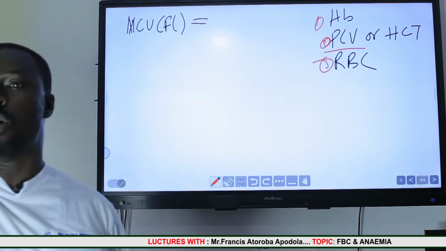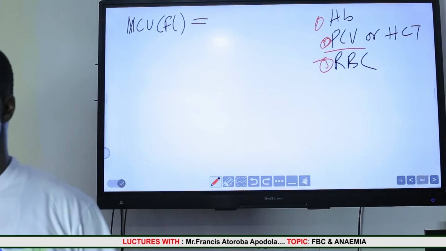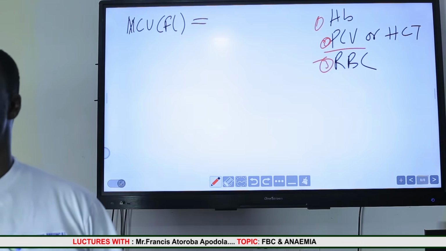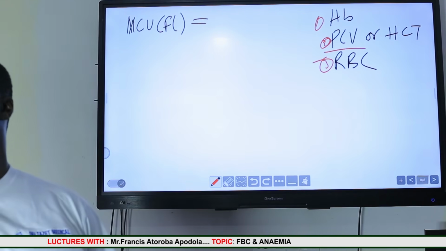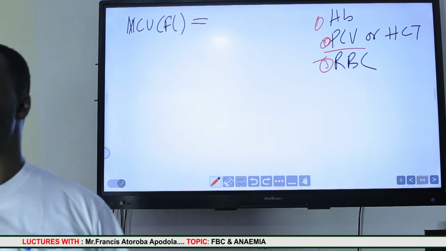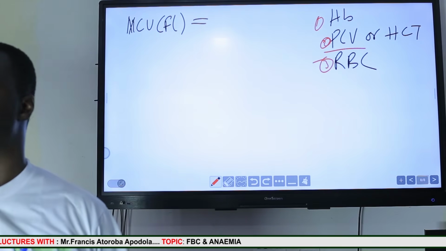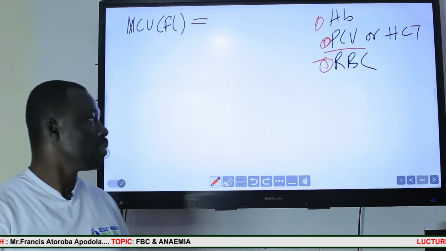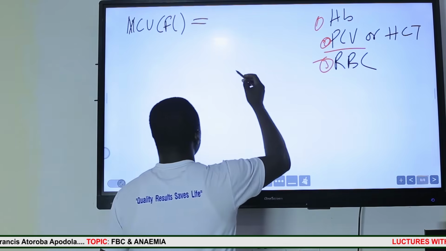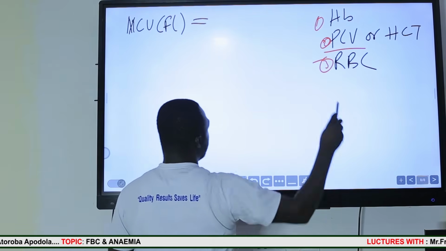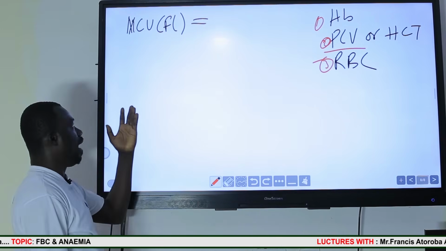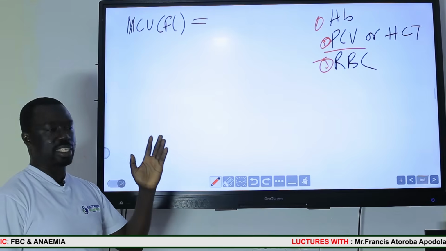If I sum up all of your ages, and they say your mean age here is 17, that 17 represents a single person's age. That is, averagely a single person's age is around 17. Are you getting that? So we want to find the mean cell volume. I want to deduce the formula.